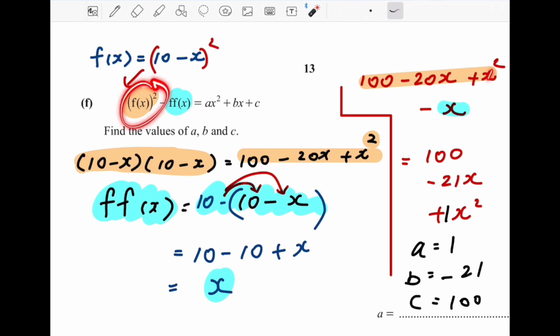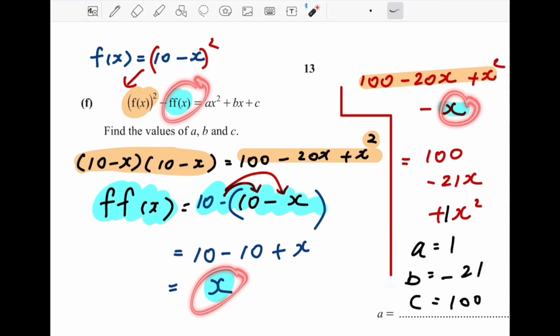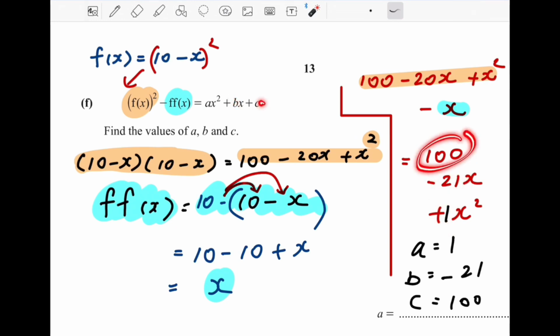So this will be same as this. So I have this minus this. This is my final answer. Compared to ABC, A is 1, B is negative 21, and C just 100.